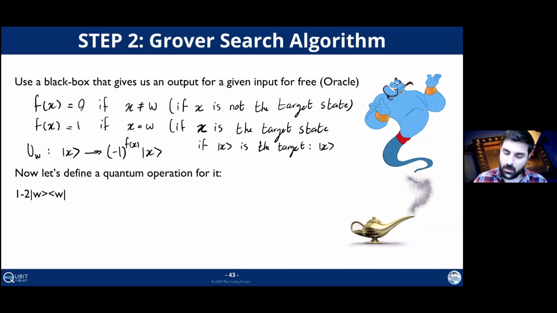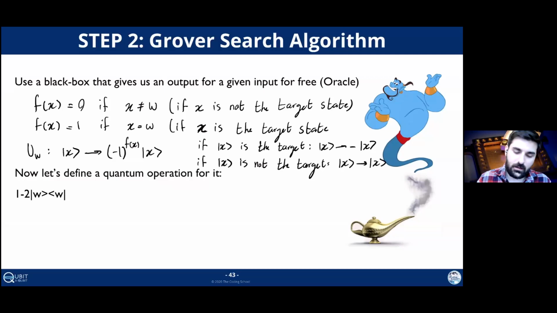So what I'm going to end up with is that my X state goes to a negative sign in front of X. And now if X is not the target, X doesn't change. Because then the value of f of X will be 0, and -1 to the power of 0 is just 1. So that is what the Oracle operator is doing.